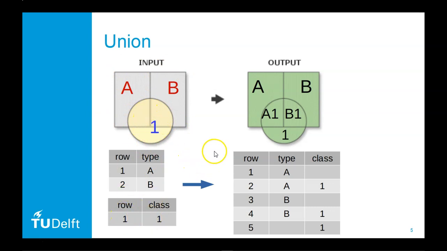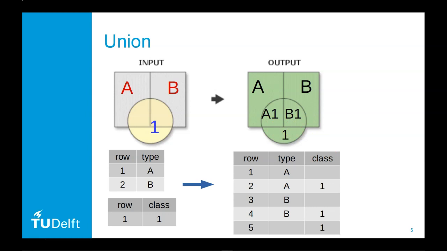And as an output you can see that they are being combined here. So wherever there's an A, because it is in this rectangle, the A will stay in the type, but the class will be added only here because that is where the circle overlaps. So you get a combination of those two.